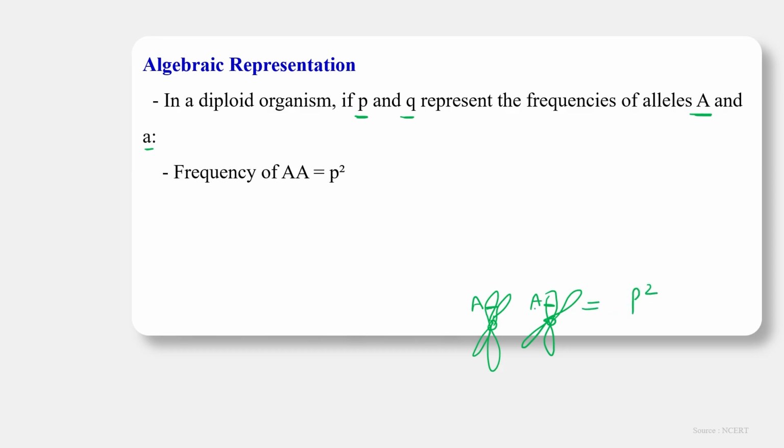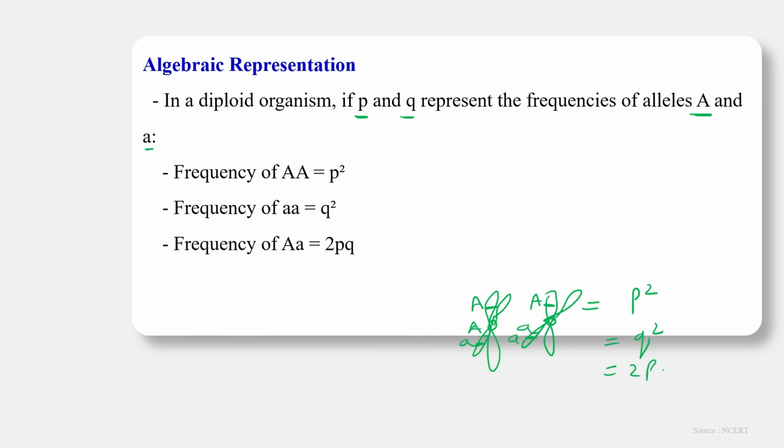Obviously p squared. The frequency of small a and small a, which they denote with q, is q squared. And the frequency of capital A and small a must be 2pq.